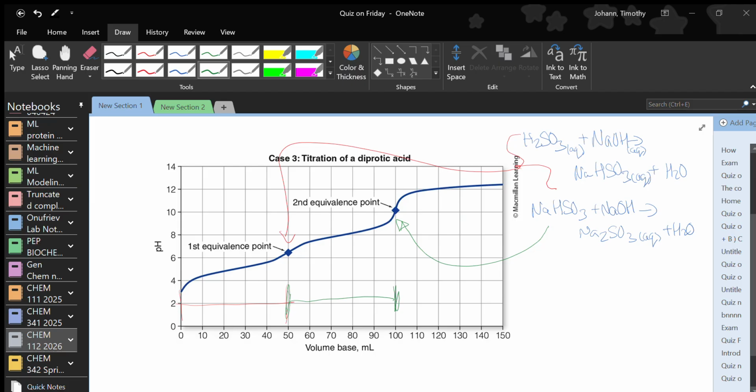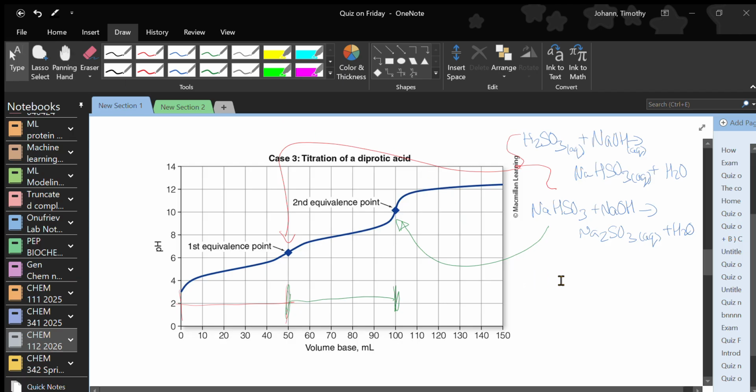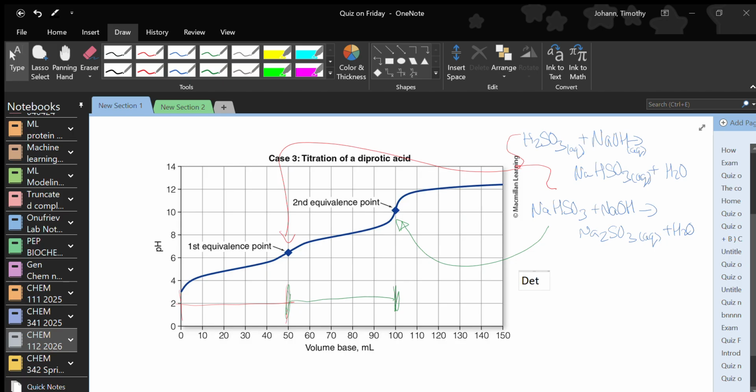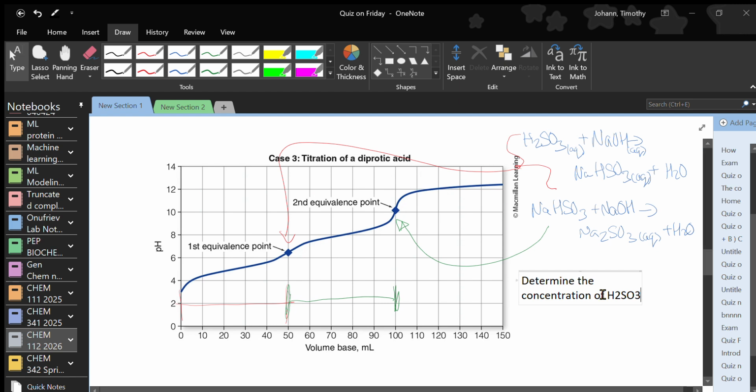And so now we want to figure out what the concentration is. So I could write a question here. Determine the concentration of, gosh, I don't even know what that's called. This has got a sulfite in it, sulfuric acid, sulfurous acid. I don't even know what that is, so I'm going to have to just say H2SO3. I'm sorry, I should know the name of that, I guess, but that's a little embarrassing, but not too terribly.